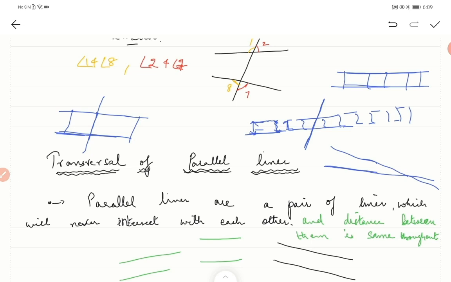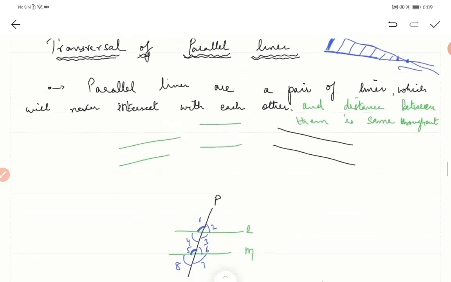Whereas when lines are intersecting, the distance is going to change. Over here the distance between the two lines is very small, here it is very big, and they are going to meet at some point if they are not parallel. If they are parallel they will never meet, and the distance between them is always constant, the same throughout.